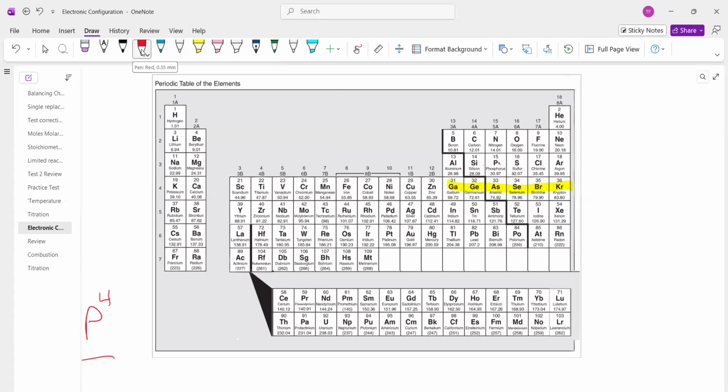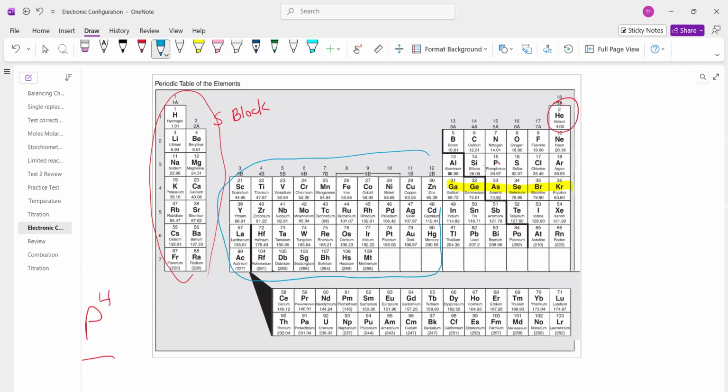First of all, we're going to label blocks of electrons. So these guys here, including helium, is called the S block. P block. Excuse me, P block.